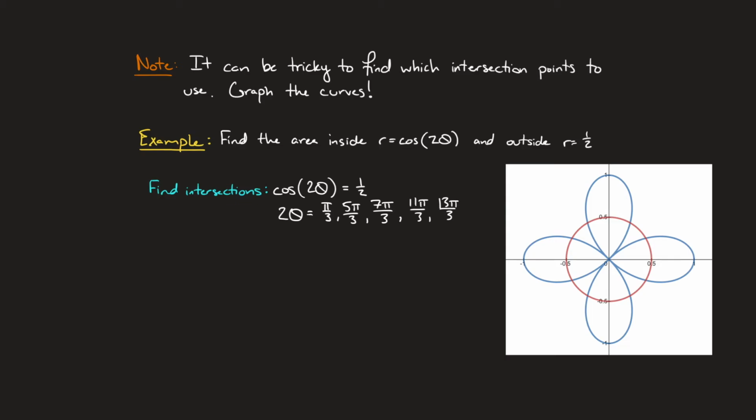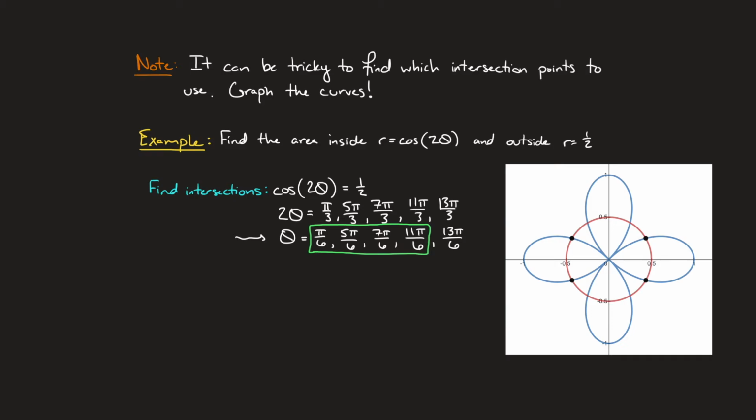Dividing by 2, we get that theta can be pi over 6, 5 pi over 6, 7 pi over 6, 11 pi over 6, 13 pi over 6, and so on. However, notice that only 4 of these angles are in between 0 and 2 pi, and then they start repeating. Recall that 13 pi over 6 is the same direction in polar coordinates as pi over 6.